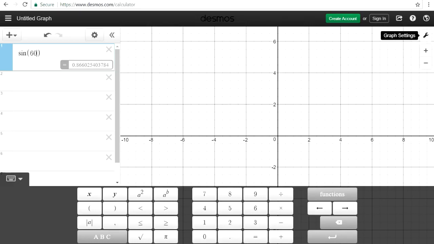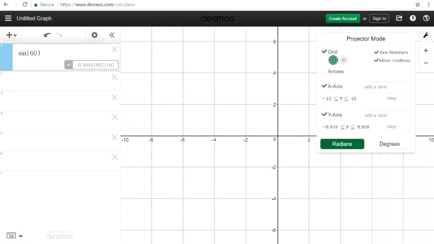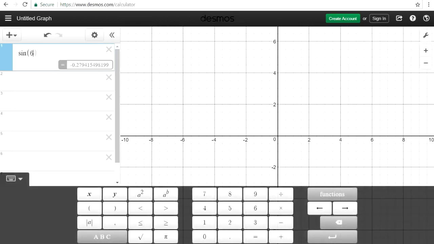Now let's convert it to radian mode. Sine pi over 3, which is sine 60, is root 3 over 2, or 0.866. Sine pi over 6, which is like sine 30, that's 1/2. So that's how you can evaluate trigonometric functions at different angles.